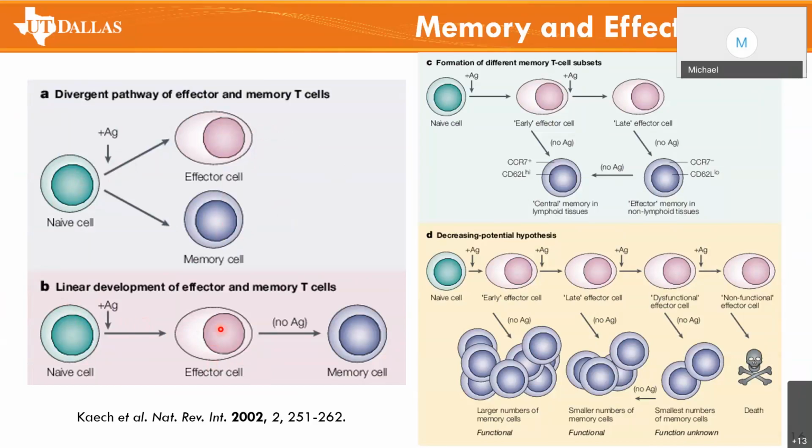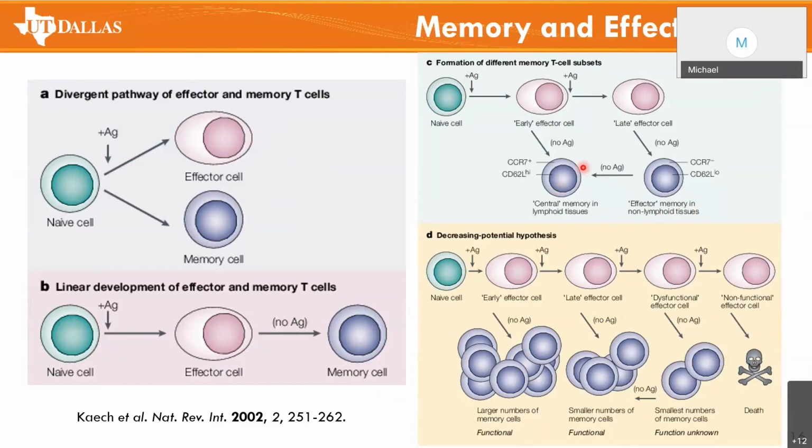Once the effector cells are done clearing out the pathogens, those that survive will then become memory cells. In model 3, it's thought that early effector cells will produce central memory cells, and late effector cells will produce effector memory cells, which can become central memory cells.